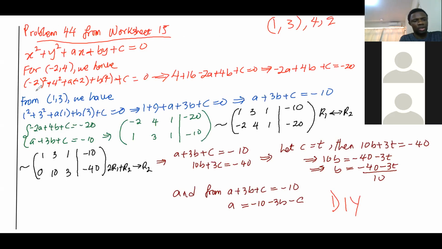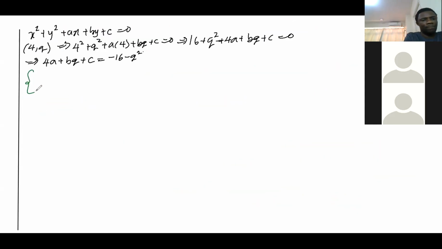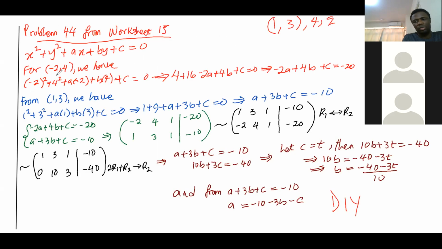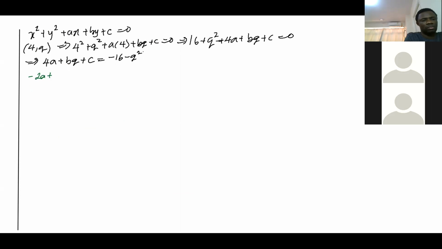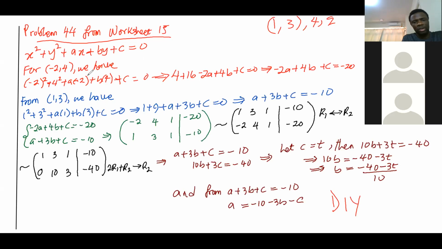So at first you have negative 2a plus b, I guess, plus 4b plus c equals negative 20.